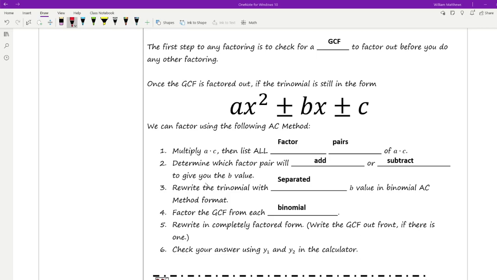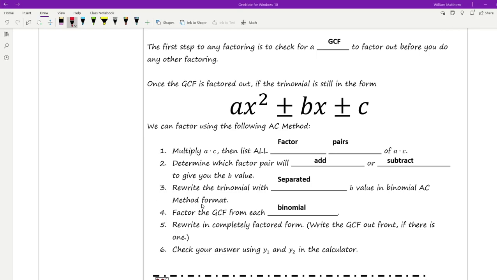We had a video earlier on that discussed that, kind of in the middle of our Unit 6. So if you want to go back to that to see exactly how everything works and the rules that go with it, I suggest watching that video. But then moving on, we will rewrite the trinomial with the separated B value in the binomial AC method format.